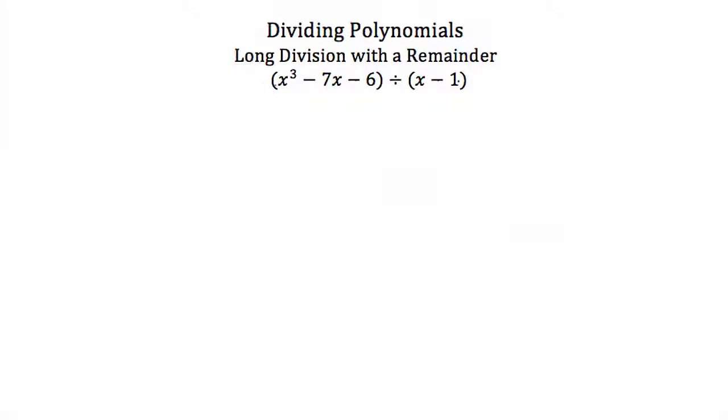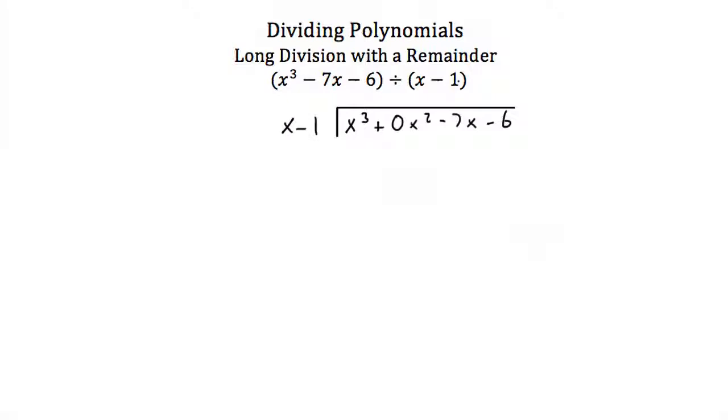So to do this long division, we write our polynomial. Here we have an x cubed. Now don't forget about your missing x squared term, so plus 0x squared minus 7x minus 6. We place this under our division sign, and on the outside goes our x minus 1.